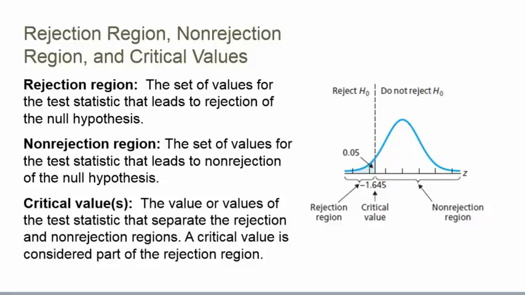Critical value: the value or values of the test statistic that separate the rejection and non-rejection regions. A critical value is considered part of the rejection region. For this illustration, our critical value is negative 1.645.